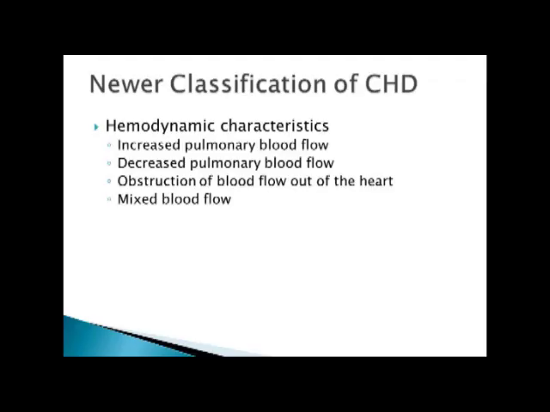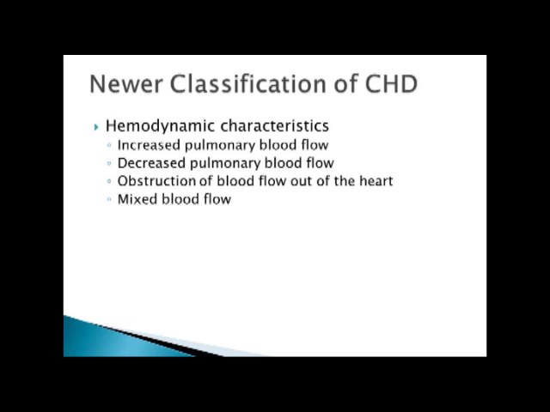It's talking about either increased pulmonary blood flow or decreased, or maybe there's an obstruction, or maybe mixed blood flow. If you've got increased pulmonary blood flow, that's probably because of a left to right shunt, and we'll talk more about that, and congestive heart failure.